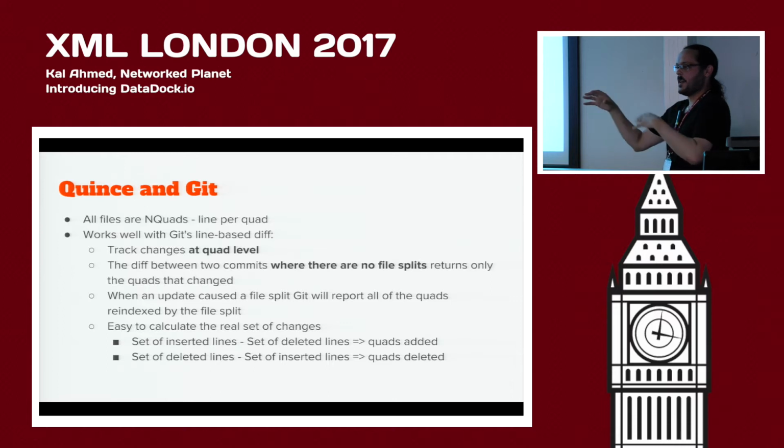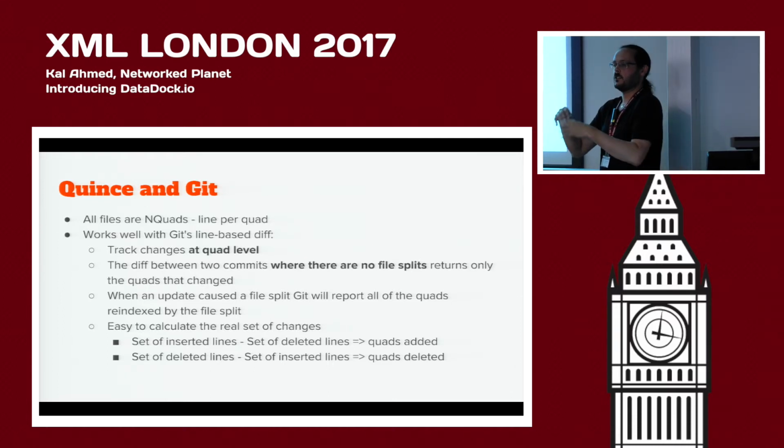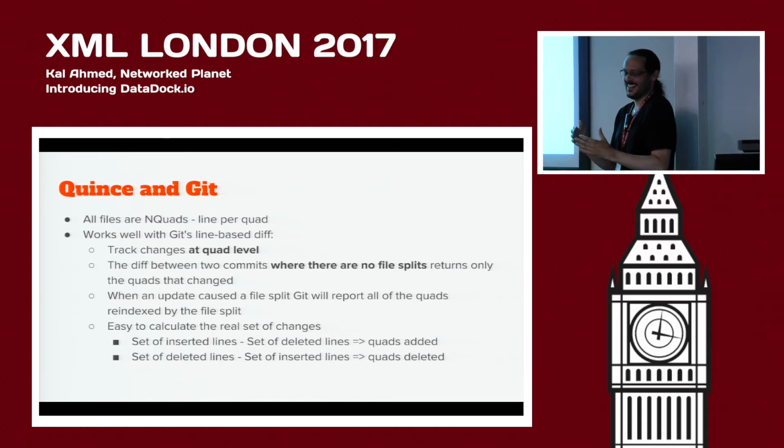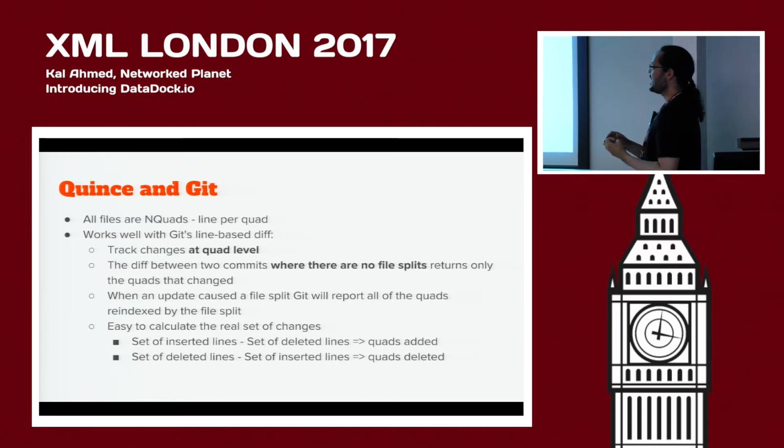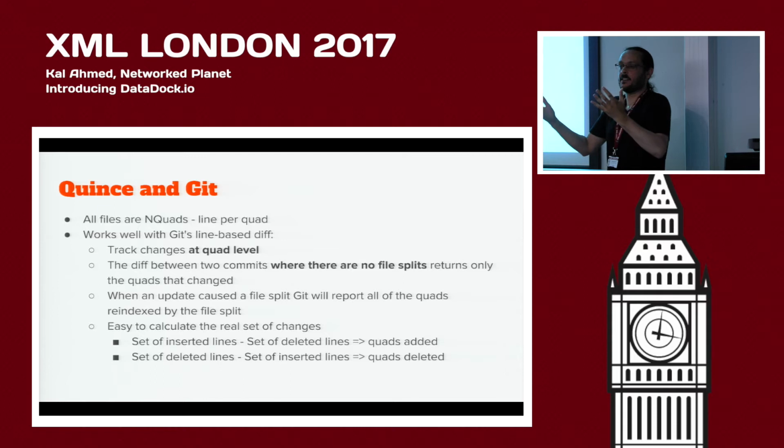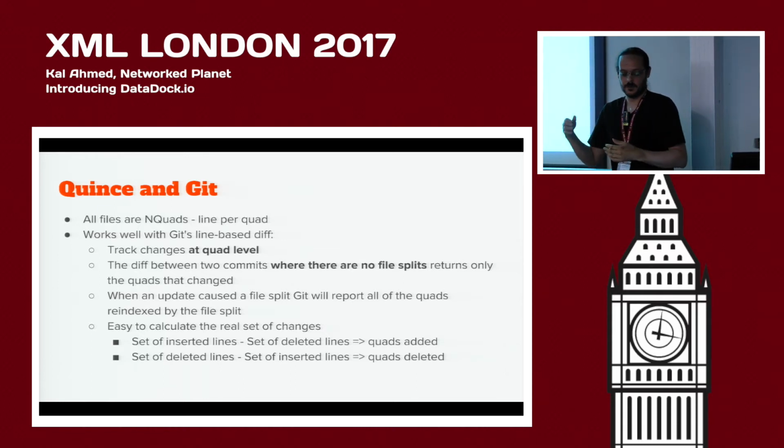So in the case where a commit has simply inserted into files and no files are split, you just take the git diff, and the git diff between two commits is simply the list of inserted quads and deleted quads.